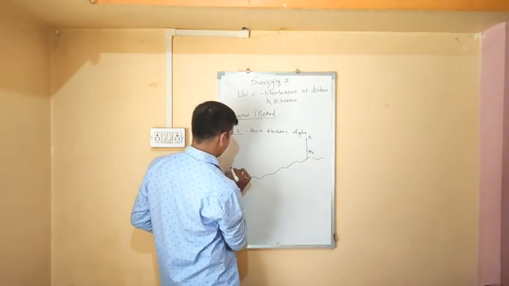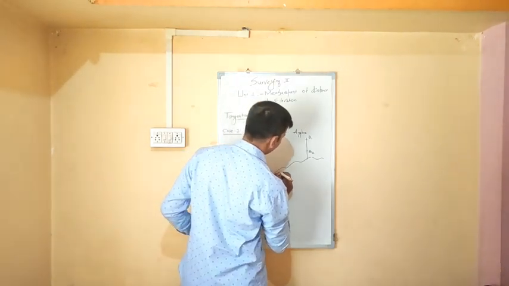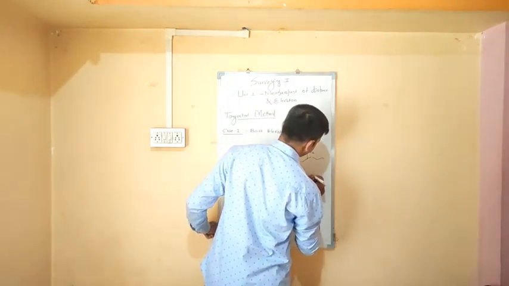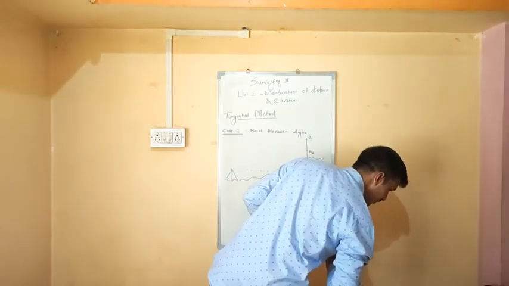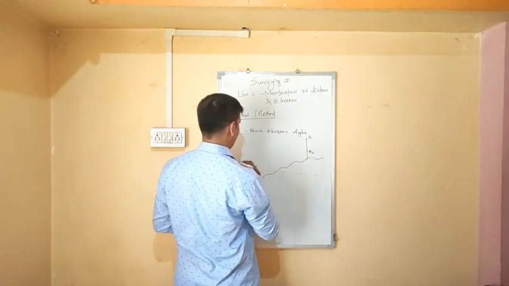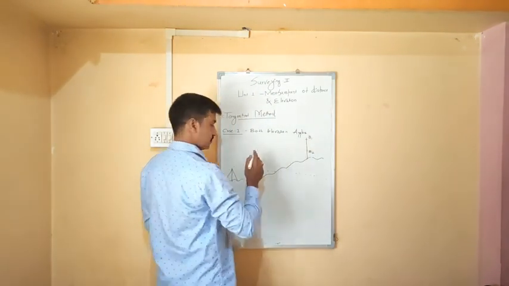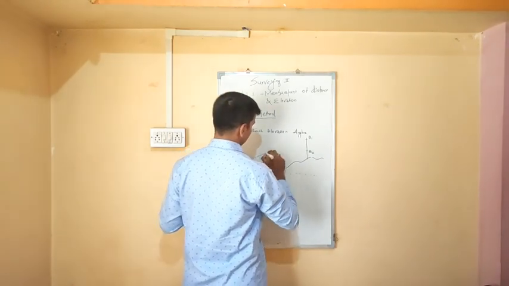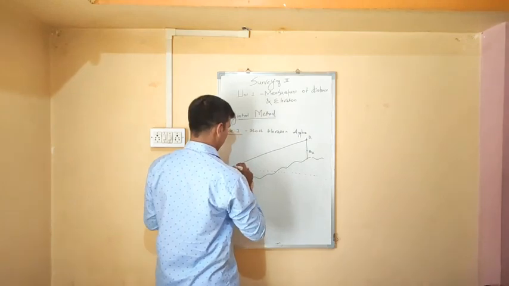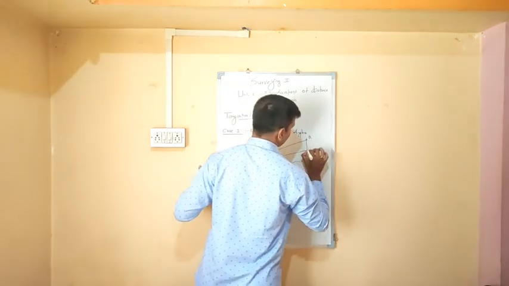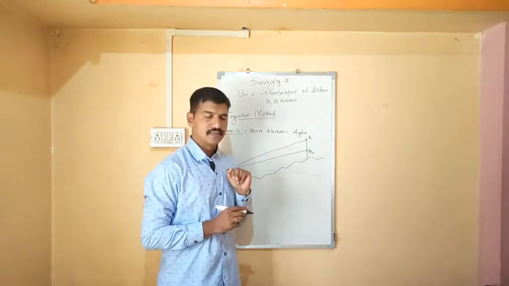I will draw a dotted line which is nothing but the instrument axis. The dotted line will show us the instrument axis and the two inclined lines bisecting B1 and B2. This is your first and this is my second line. So these are the two inclined lines.